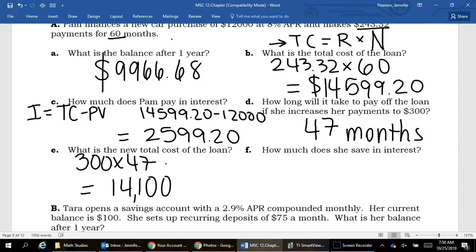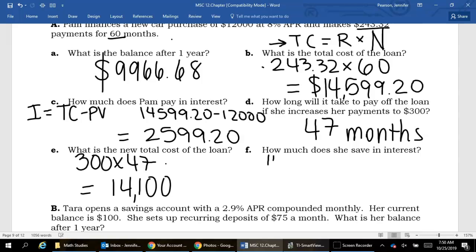So if I pay $243 a month, I'll end up spending $14,000, almost $600. If I increase those payments to $300, my total cost now is $14,100. So how much do I save? I'll take my original total cost and subtract my new total cost.